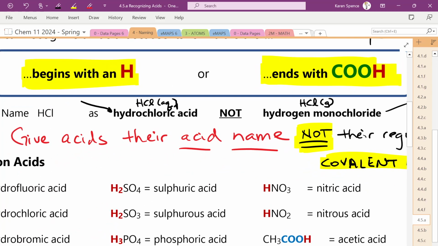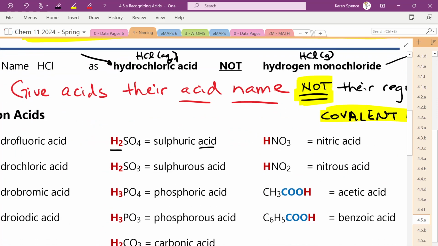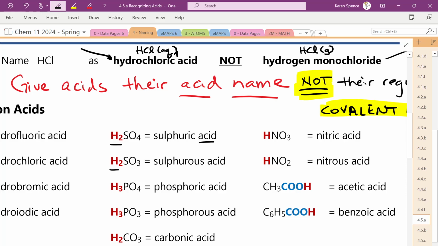If you see H2SO4, name it by its acid name. If you see H2SO3, name it by its acid name. Do not call it hydrogen sulfate or hydrogen sulfite, okay?